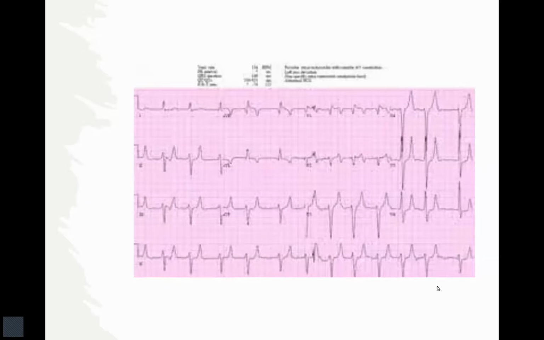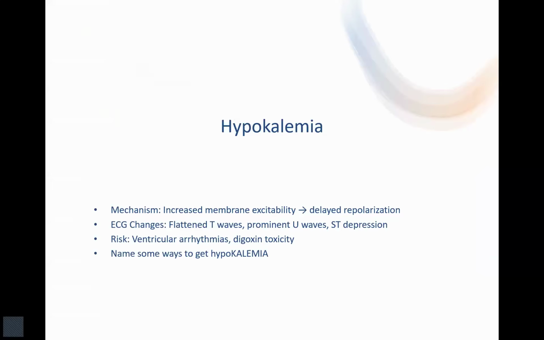So let's next go to the ones that people struggle with a little more: hypokalemia. What happens in hypokalemia is you have increased membrane excitability and delayed repolarization. The EKG changes are flattened T waves, something called a U wave, which you might have heard of before, but if you haven't, we'll show you some pictures of it, and then ST depression. Now, why is hypokalemia bad?